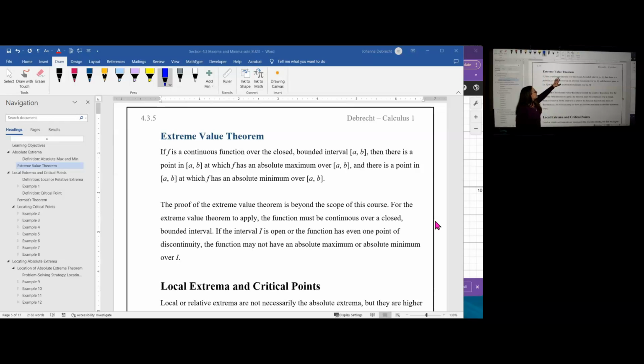If f is a continuous function, that means f of a exists, the limit as x approaches a of f of x exists, and they are equal, point to the same value.